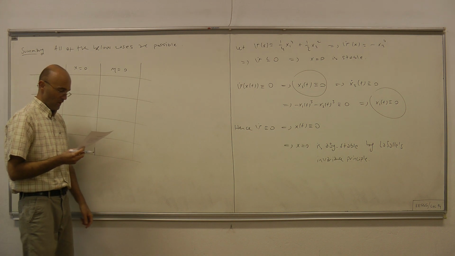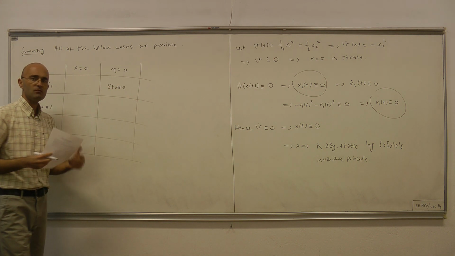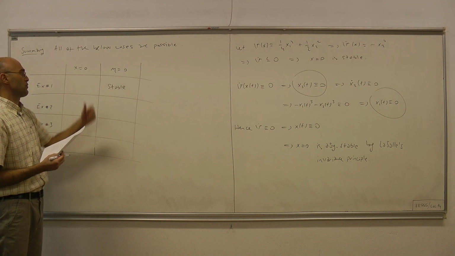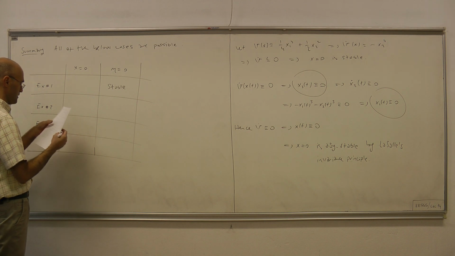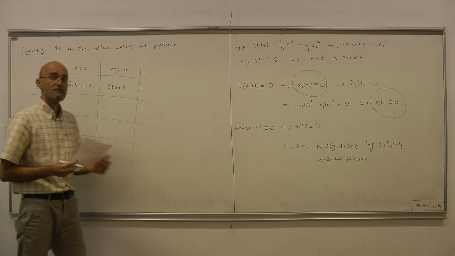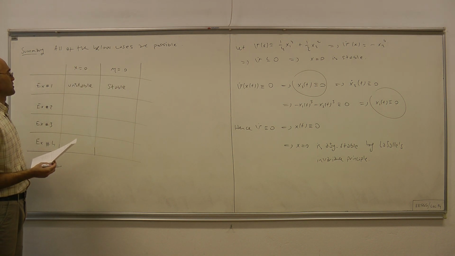Okay. In the first example, the origin of the linear system was stable, but the origin of the nonlinear system was not; in fact, it displayed finite escape times. Okay.